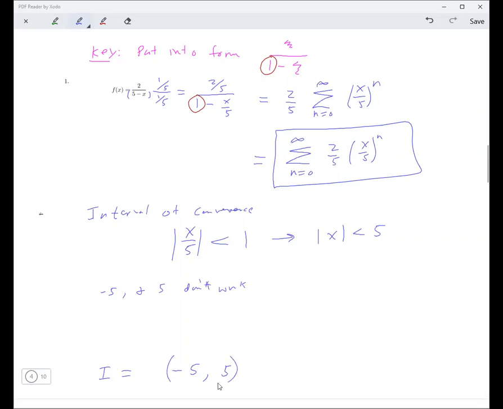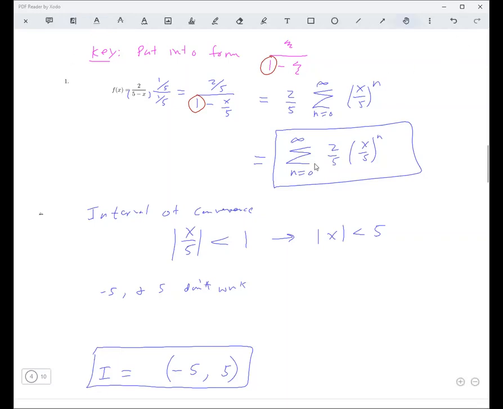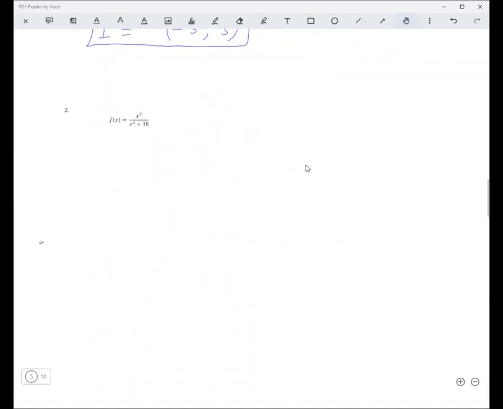So the interval is just going to be this. Okay, any questions about this at this point? Okay, let's move on. Number 2.